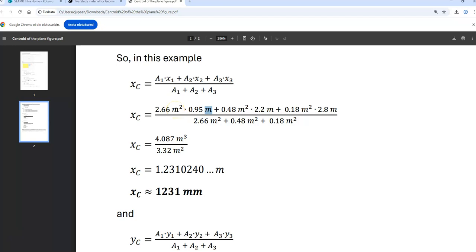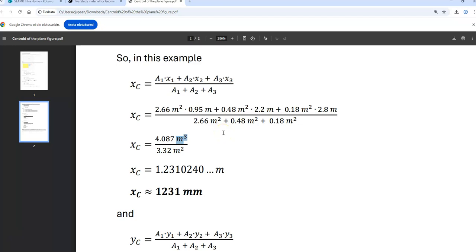As you probably remember, when we are multiplying m squared times m, we have the exponent 1 with this m here, and we can add those exponents. So we have 2 plus 1, that makes 3. So actually the unit of the top part is cubic meters, or meter raised to the power 3.